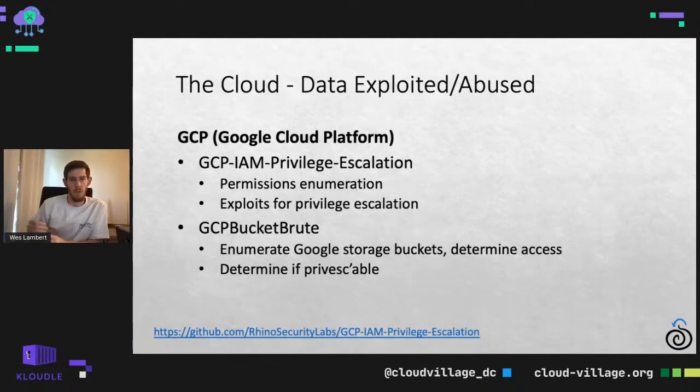Also looking for that privesc moment, the GCP bucket brute, enumerating those cloud buckets, determining what access is there, and determining the best place to get a foothold in that infrastructure and pivot from there. Into maybe more sensitive components or something more valuable.